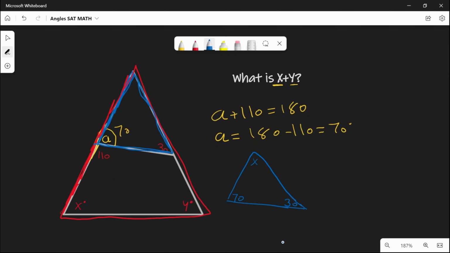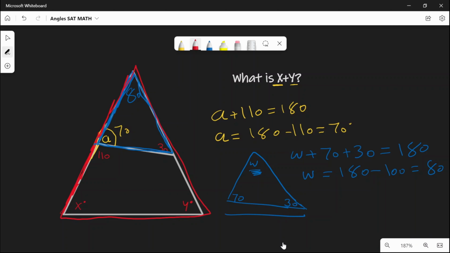Let's say it's angle W. Now, what is the value of angle W? We know the measurement of W plus 70 plus 30 is equal to 180 because this shape represents a triangle. Solving for W, we'll have 180 minus 100. So W will equal to 80 degrees.